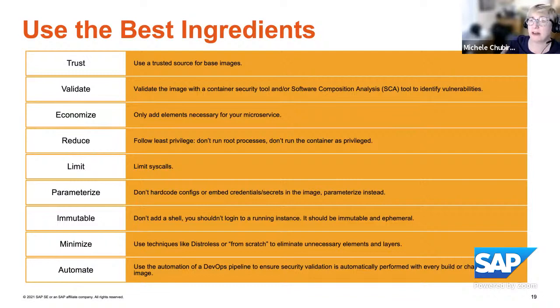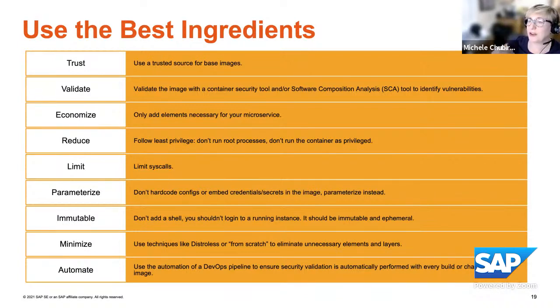Because the bigger your container, the bigger the attack surface, and the more difficult it is to harden, honestly. You want to follow least privilege. You don't want to run root processes. You don't want to run the container as privileged. FYI, if you didn't already know this, running a container as privileged is pretty much game over. It's probably one of the worst things you can do.